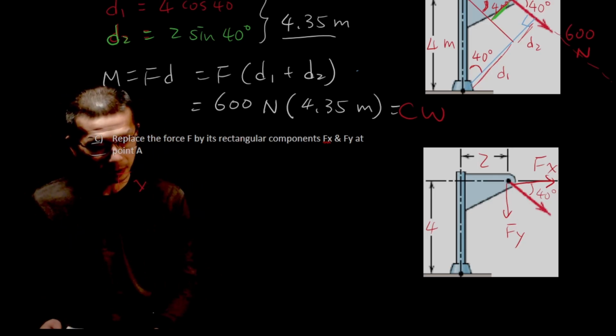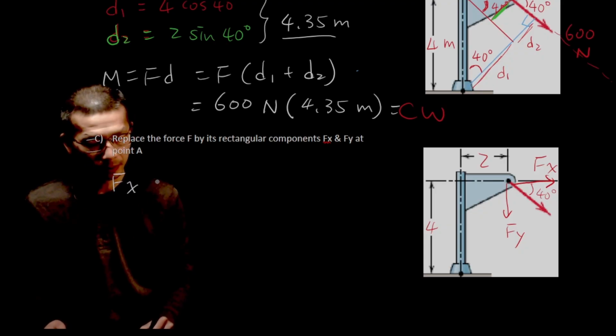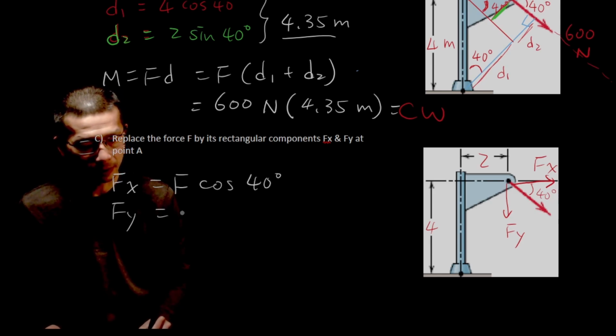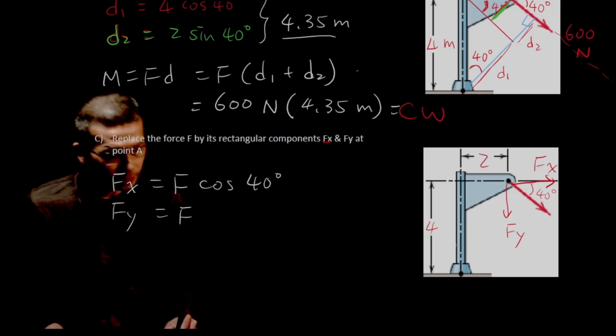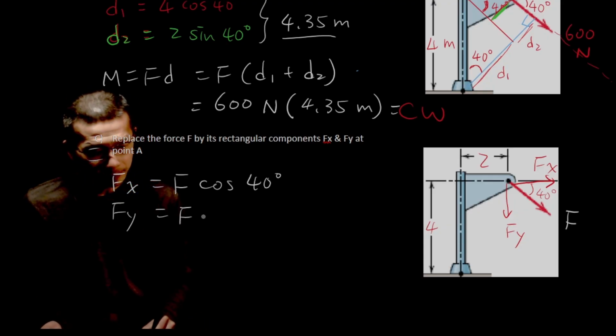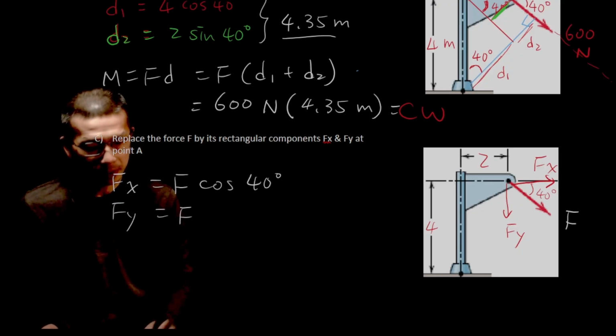Let me use another color. Fx equal to F cosine 40, Fy equal to F, and this is F. F is right here, right? Don't forget, this is our F force. Sine 40.